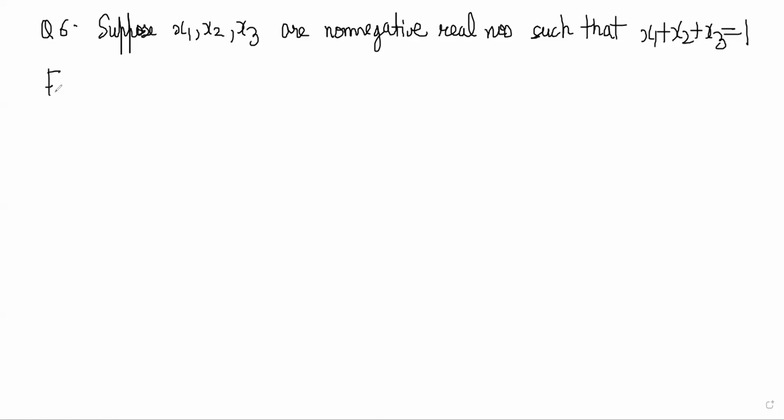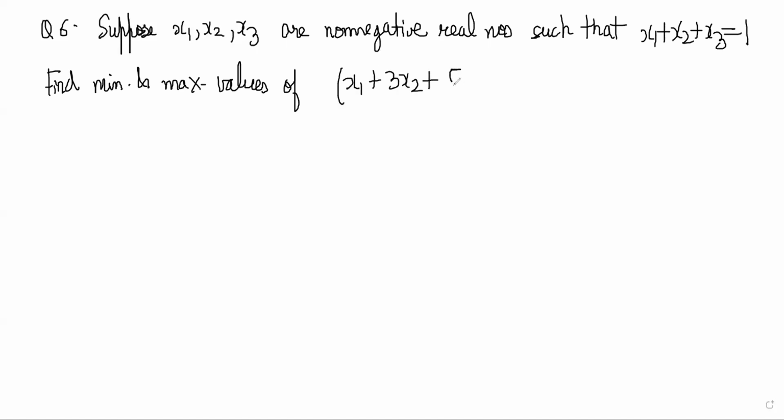We have to find the minimum and maximum values of x1 plus 3x2 plus 5x3 multiplied by x1 plus x2 by 3 plus x3 by 5.